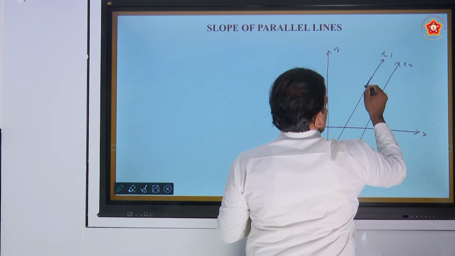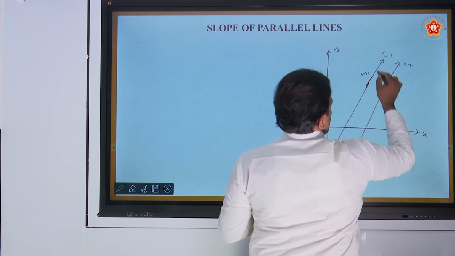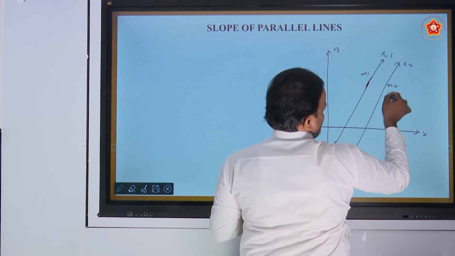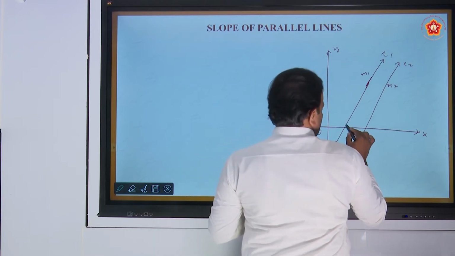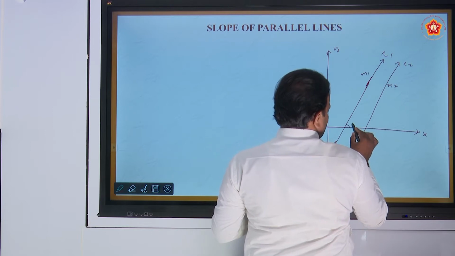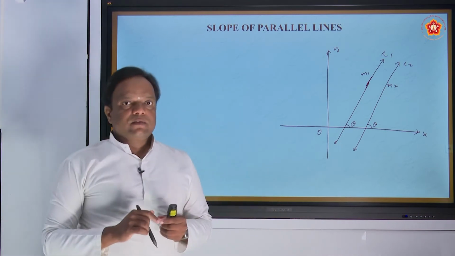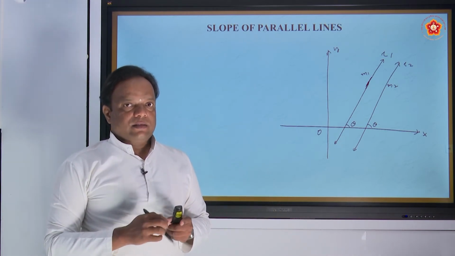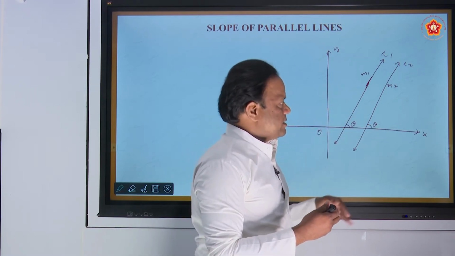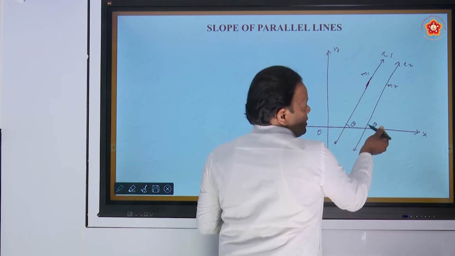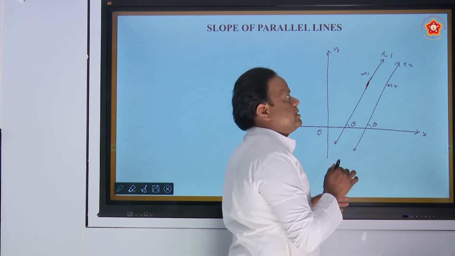Slope of line L1 is M1 and slope of line L2 is M2. We know that if two lines are parallel and intersect some line, for example the x-axis, and this angle is 45 degrees, this angle is also 45 degrees. This angle is theta, this is also theta. Means the angle is the same by properties.